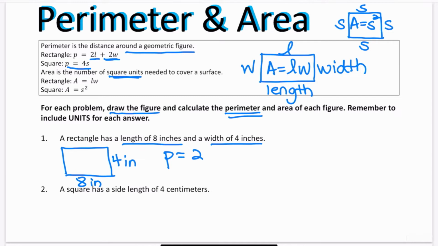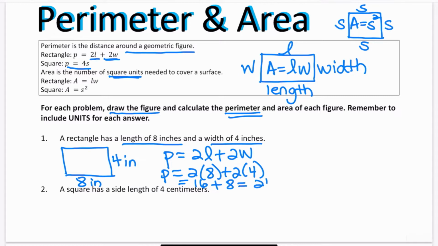Perimeter is twice the length plus twice the width. So in this case, the perimeter is 2 times 8 plus 2 times 4. 2 times 8 is 16, and 16 plus 8 is going to equal 24. And in this case, it's inches, so 24 inches is going to be the perimeter.